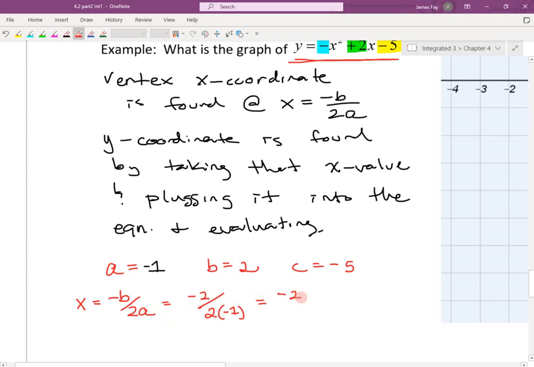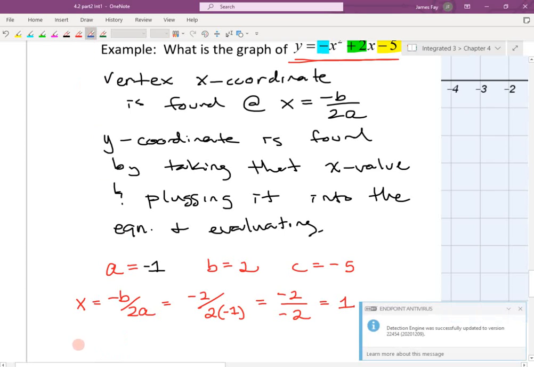We get -2 divided by -2, which is what? 1. Okay, so that evaluates to 1. That was finding the x coordinate of our vertex. It happens at 1. Now, all we have to do is find the y coordinate, which is to evaluate the equation.